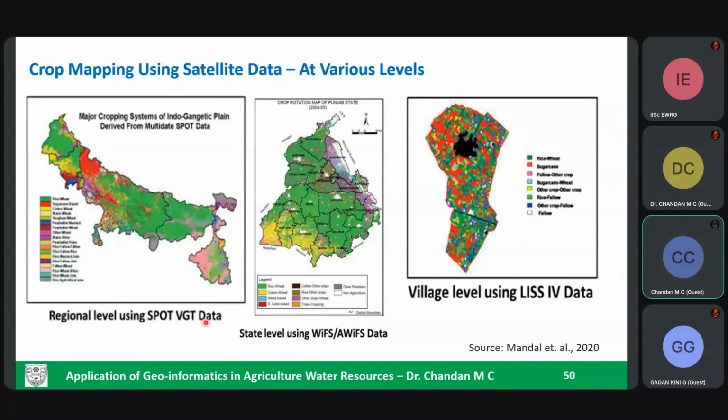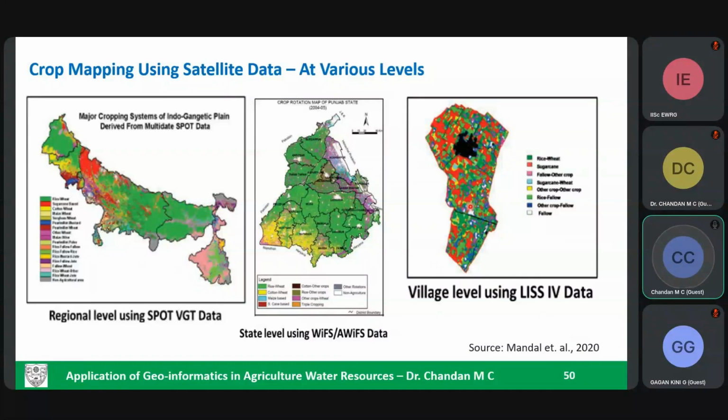So for regional scale, we can use the AWiFS or WiFS data, whereas when we come to the village level, it is important to have high resolution data such as 5.8 meter. LISS-IV is 5.8 meter, which will give you a fair classification of village level parcels.